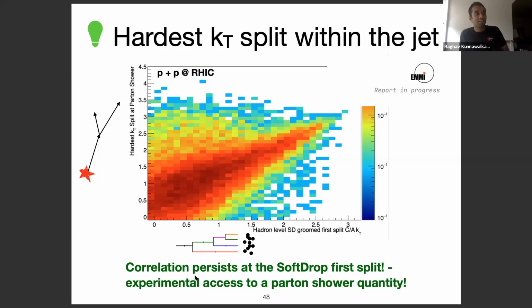You see that at relatively high pT kinematics, these are 30 GeV jets, you actually do have a nice diagonal correlation. So this is essentially the first observable that correlates to a parton shower quantity.